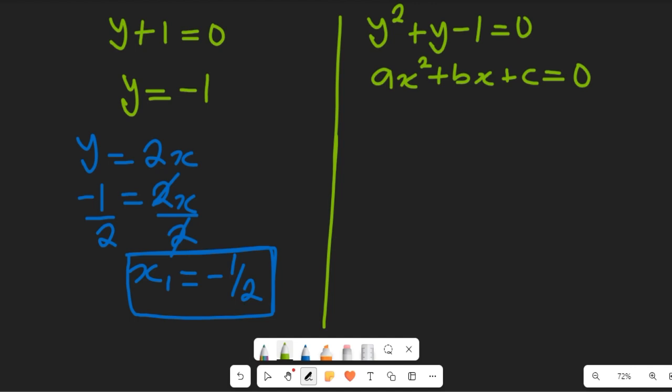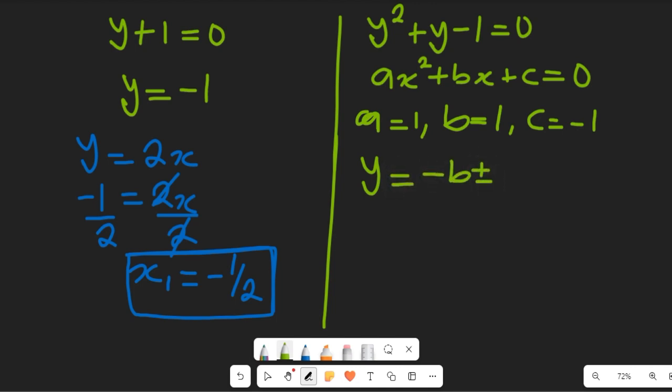So in this expression, if we compare them, a is equal to 1, b is equal to 1, and then c is equal to -1. Then using the quadratic formula, the value of our y will be equal to -b plus or minus the square root of b squared minus 4ac, all divided by 2 multiplied by a.